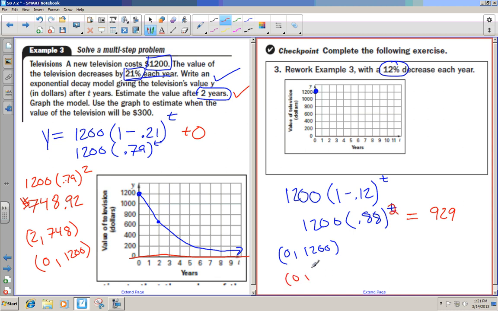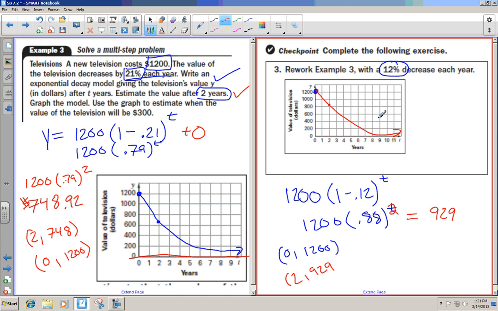So now we've got, no, not 0, I'm sorry, 2, 929. All right. The asymptote's still 0. Your graph looks about like this.